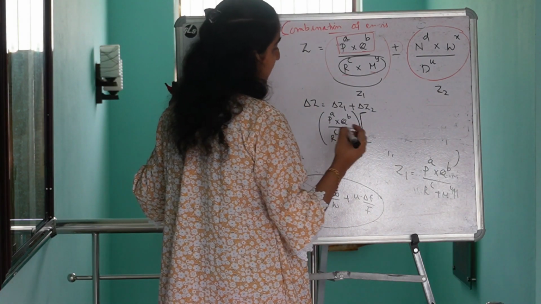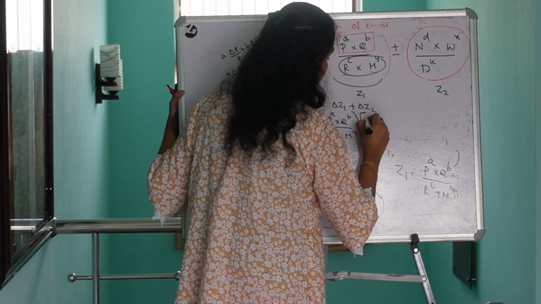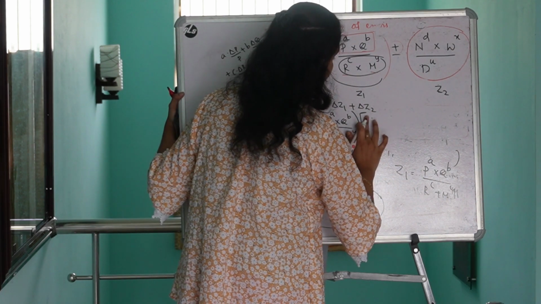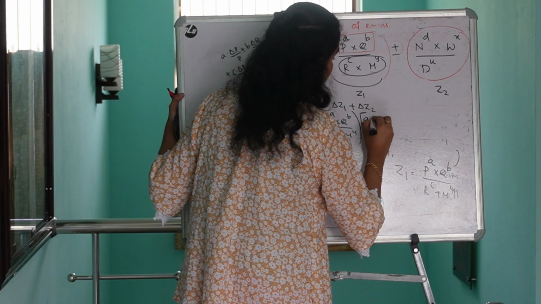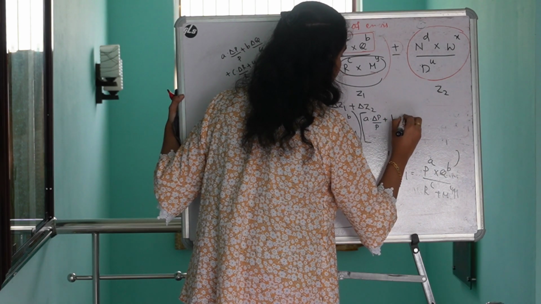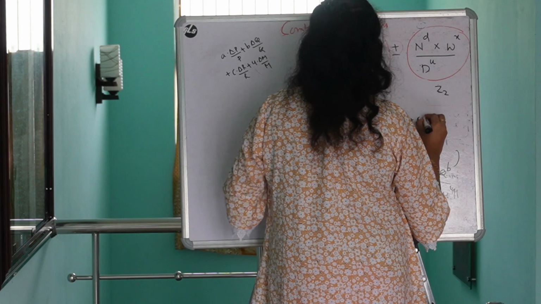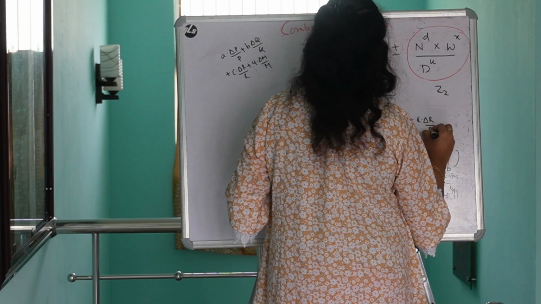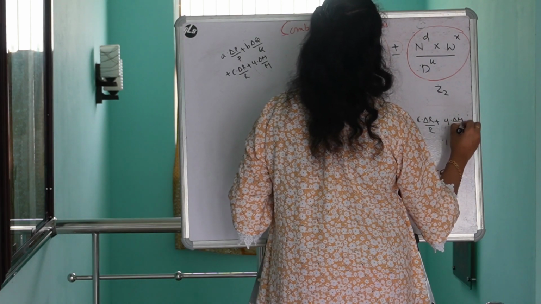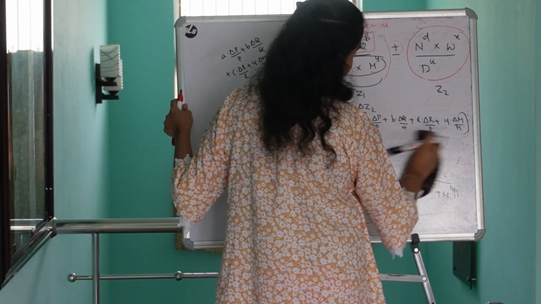Del Z1 is equal to, what is the relative error in Z1? Yes, A into del P by P plus B into del Q by Q plus C into del R by R plus Y into del M by M. Okay, is it clear up to this? Yes.